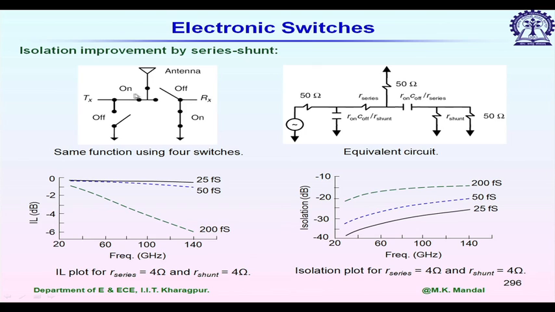Now, whatever impedance is seen by the antenna, if I change the state of the switch to off, that means the series resistor becomes open, and the series resistance we have to replace by a capacitor, and the shunt capacitor we have to replace by a resistor. In that case, the input impedance seen by the antenna on the transmitting side will change completely.